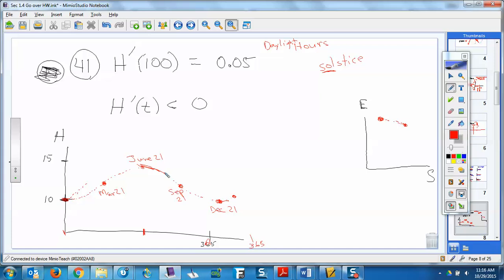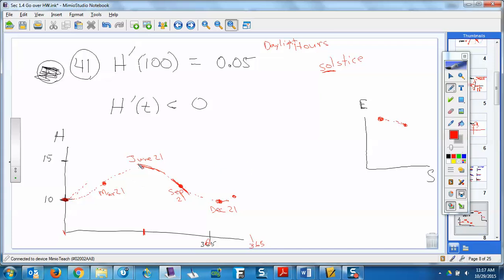But what starts happening in August? You come back to school and everything gets drab and gloomy, right? All of a sudden not only am I back in school, but now the days are getting shorter. And what's happening on the 21st at the inflection point? What's happening to the rate that it's changing at the inflection point?